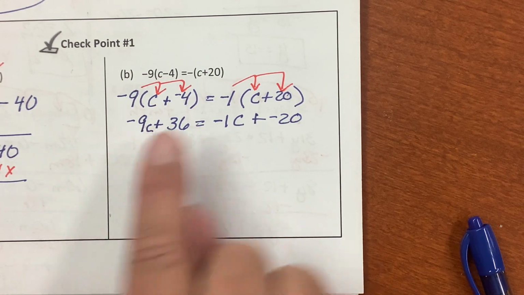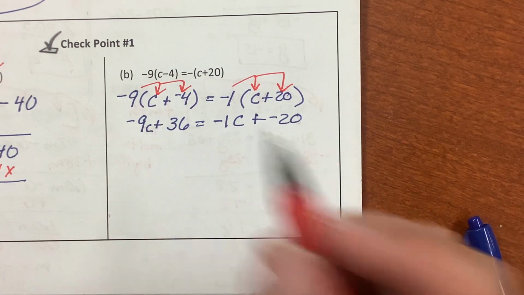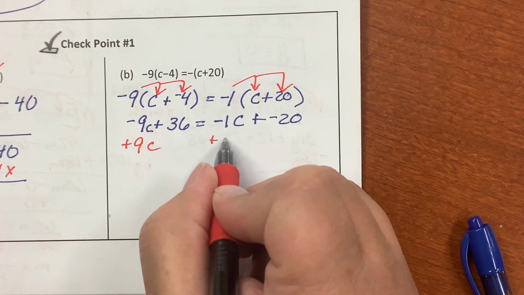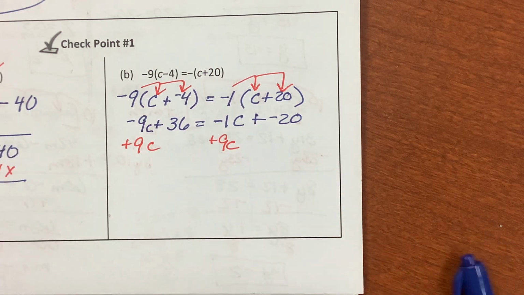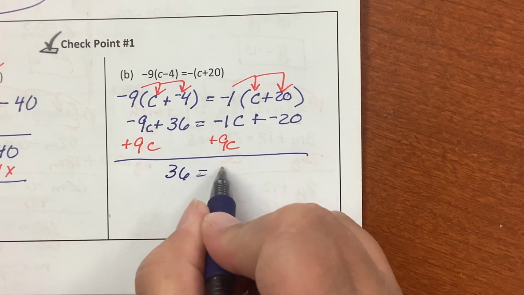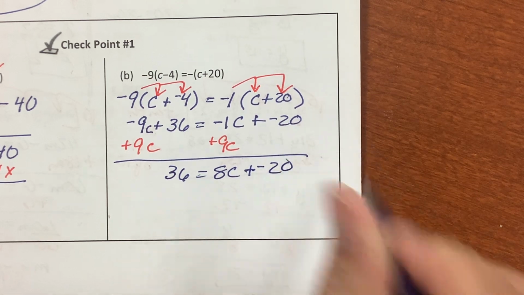It's more negative. It's further down on the negative number line. So add 9c to both sides. 36 equals 8c plus negative 20.